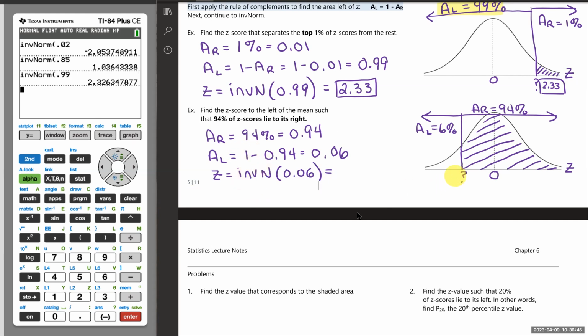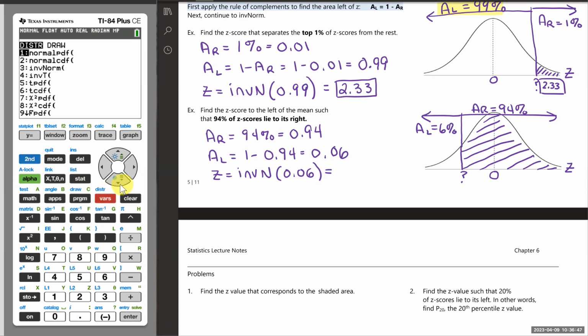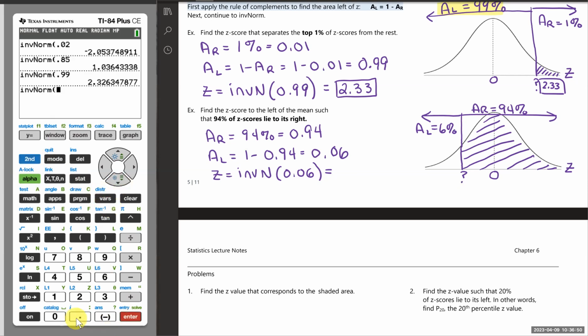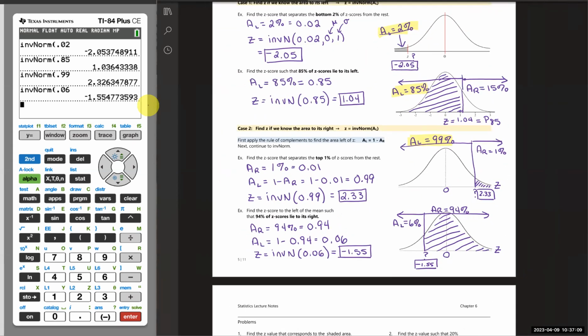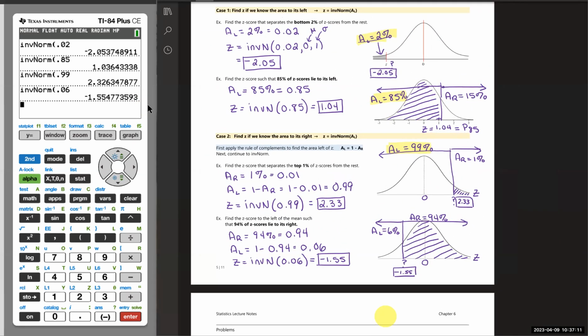And we should get a negative number if our picture is correct. Looks good, negative 1.55. So that looks good. All right, so I'm just going to highlight that number of 6%.